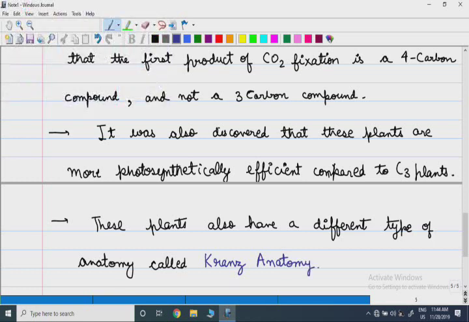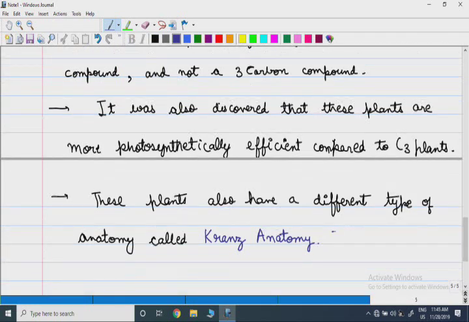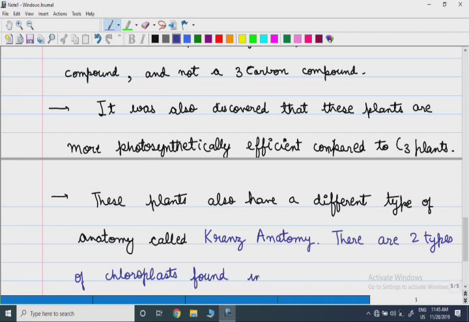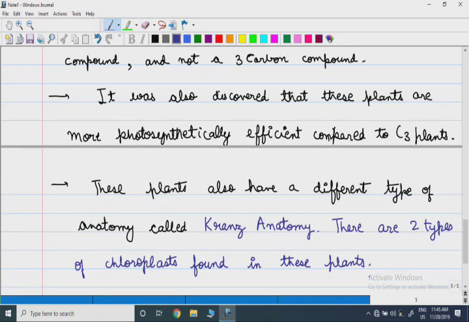And in Kranz anatomy, you find that there are two types of chloroplasts. There are two types of chloroplasts found in these plants. And we have to discuss this today, right? What are these different types of chloroplasts that we are talking about? Okay.